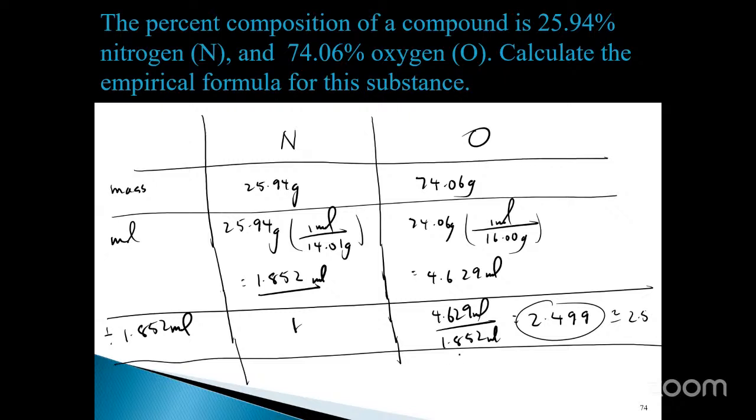And if you multiply anything 0.5 by 2, then that will be converted into an integer. So in this case, we're going to multiply right through by 2, which means that this becomes 2, and 2 times 2.5 gives you what? 5, right? So therefore, now the empirical formula in this case is going to be equal to N2O5.